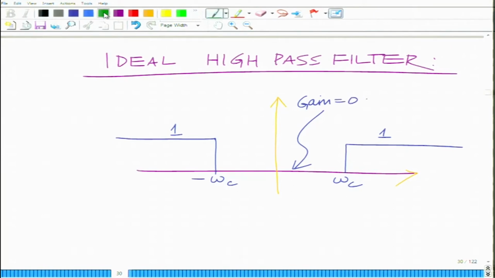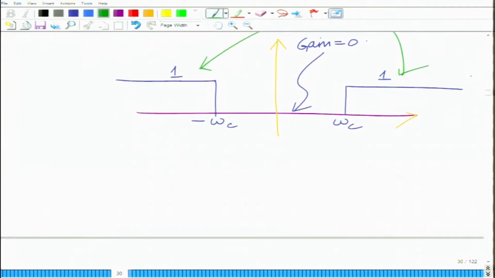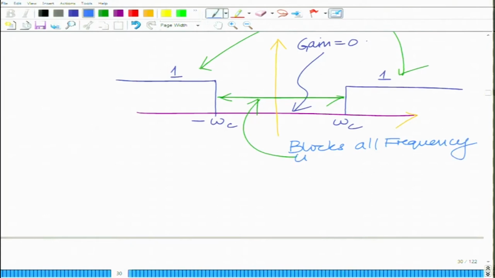So this blocks all frequency components in the frequency band minus omega c to omega c.